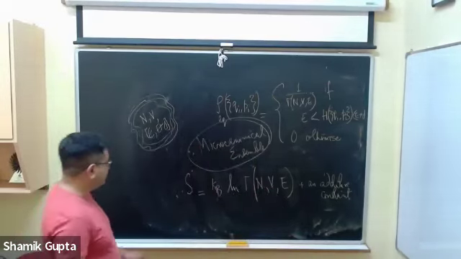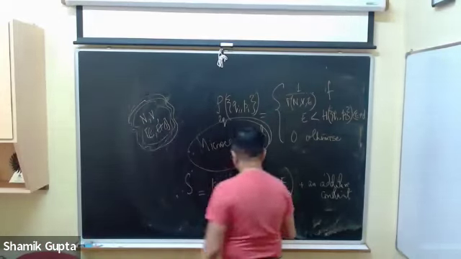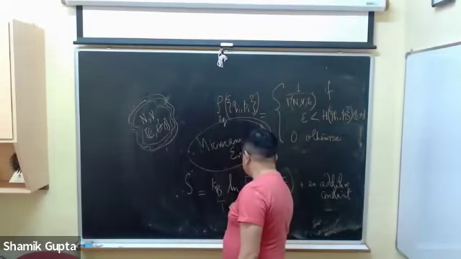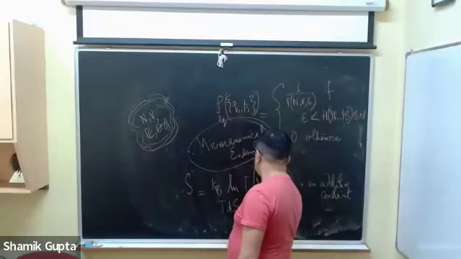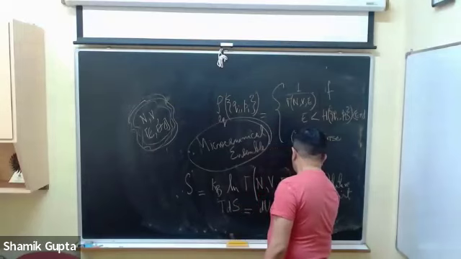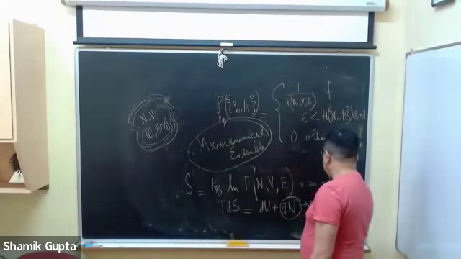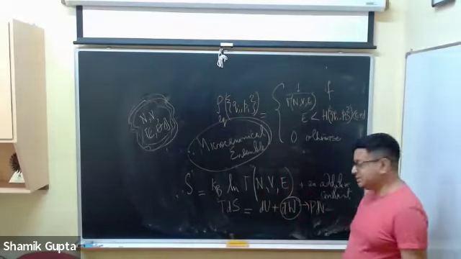Why? Because once I know this entropy function, I use the second law of thermodynamics. The second law of thermodynamics tells me that TdS is equal to dU plus d-bar W, and d-bar W is nothing but PdV. This we saw in the first class. Okay?